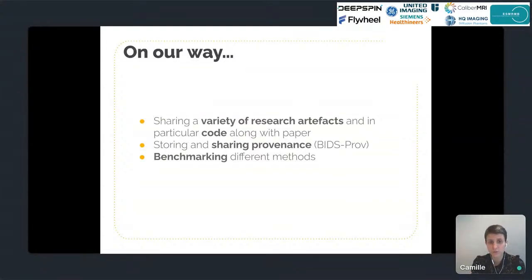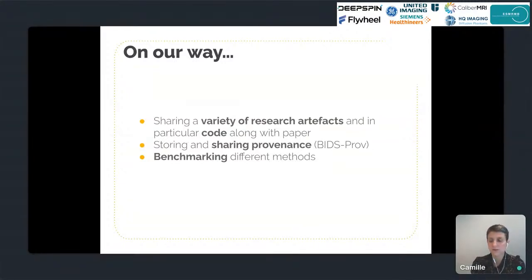There is so much more we can learn if the code is shared, or even the derived data set in the middle, or maybe the results data set. We don't have to share everything at once. Maybe for one study we start sharing just the code, and for the following one we share a bit of code and a bit of data. But in the long run, this will help us understand better what's going on.